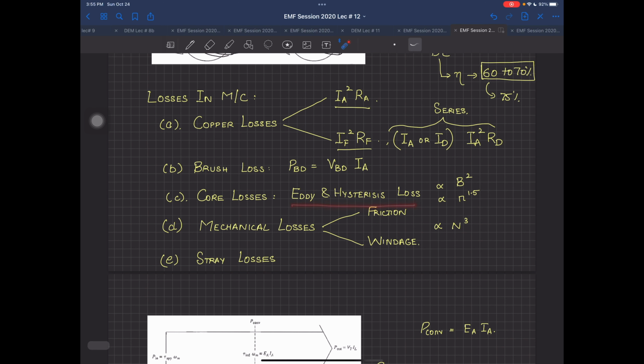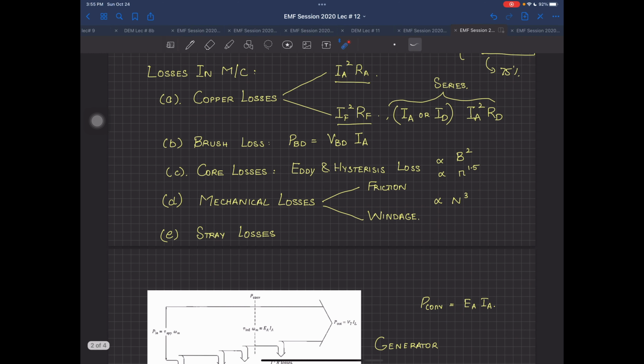And we all know from the first chapter of Fitzgerald that hysteresis and eddy current losses are proportional to the square of your magnetic flux density, and also proportional to the 1.5 power of the speed of rotation. Because if there is more speed, d phi by dt is going to change very fast because of that dt in the denominator. So eddy current and hysteresis losses depend on your speed and your flux density.